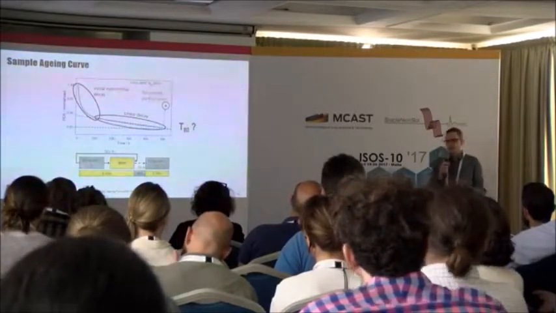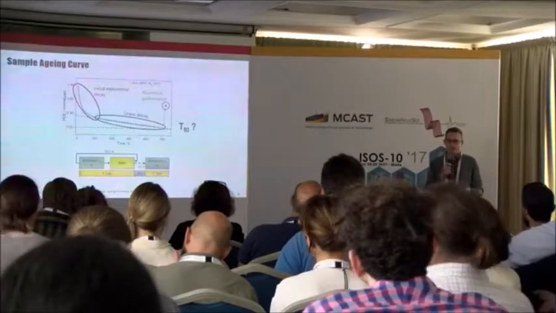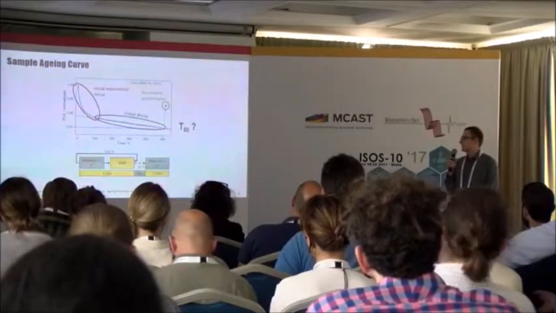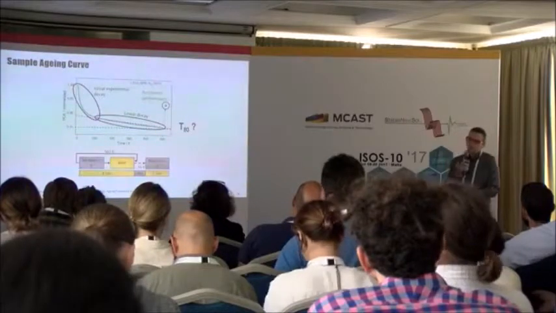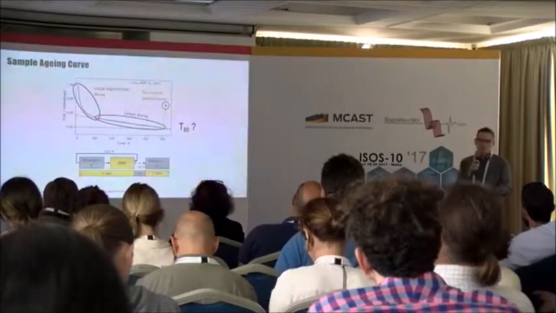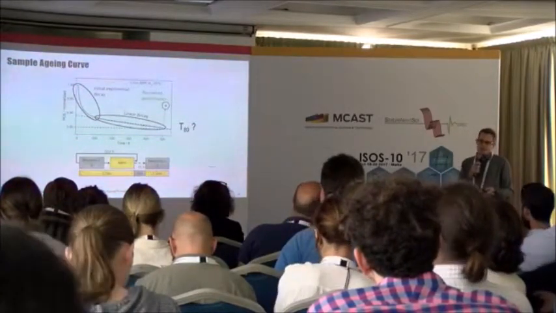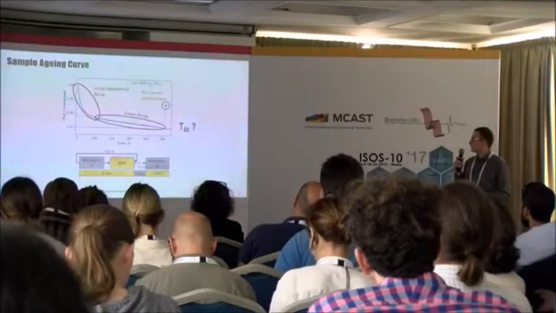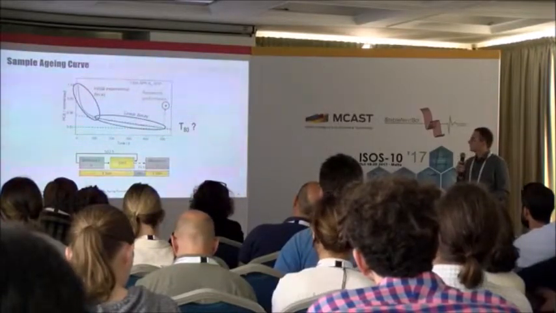And then if we want to estimate the lifetime, we should only look at this linear regime, which is more or less irreversible, and try to calculate T80 based on this. Like in this case, it's around 3,000 hours.